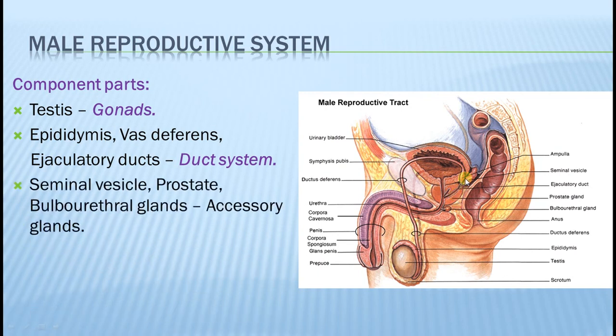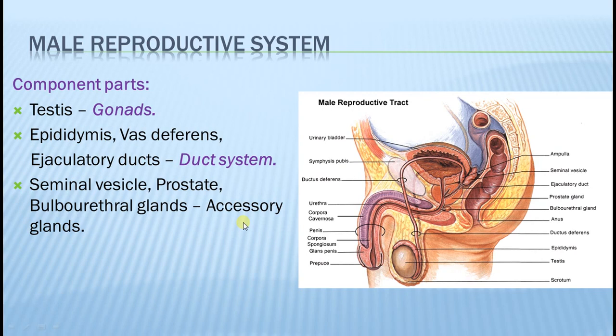Then seminal vesicle, prostate, and then you have the bulbourethral glands. They are accessory glands. So they mainly aid in transportation, add to the volume of the seminal fluid. Their secretions help again to transport the spermatozoa once it is deposited into the female reproductive tract.